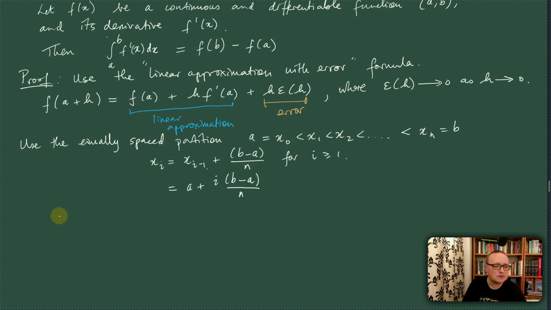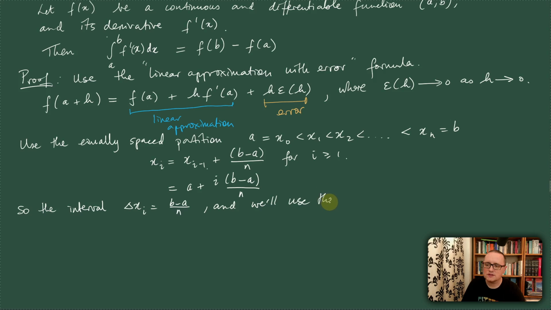So in the language of the Riemann integral, the interval delta xi is always equal to b minus a over n. That's the increment we make, the width we make each of the small rectangles, and we'll use the start point, the left-handed limit, start point of each interval for the rectangle height.